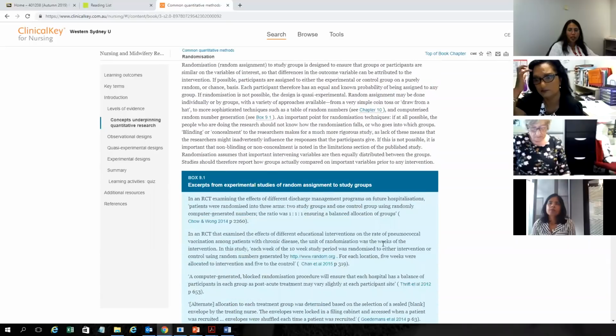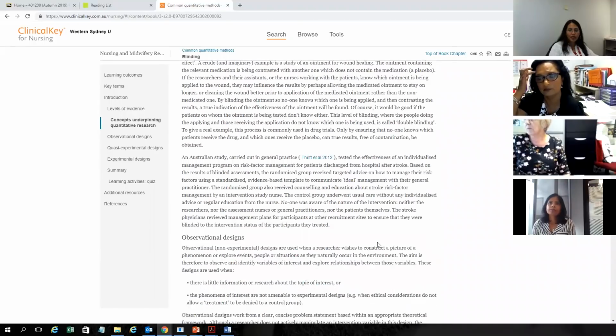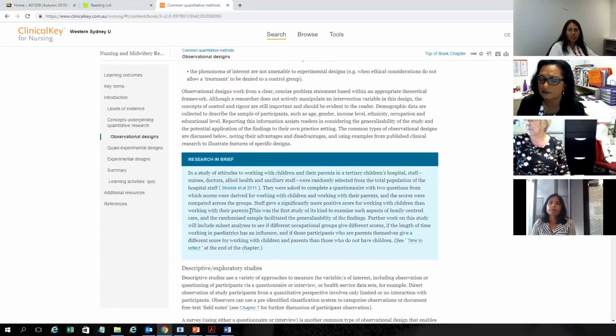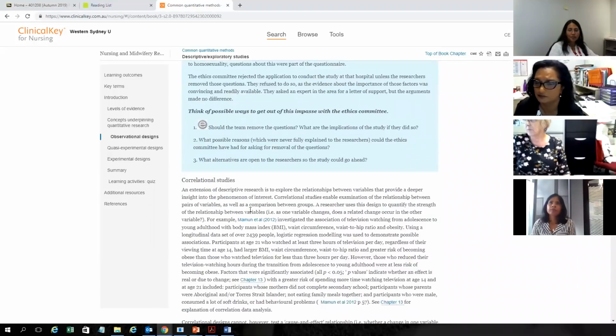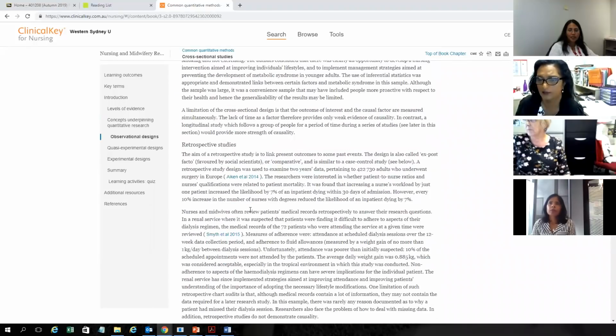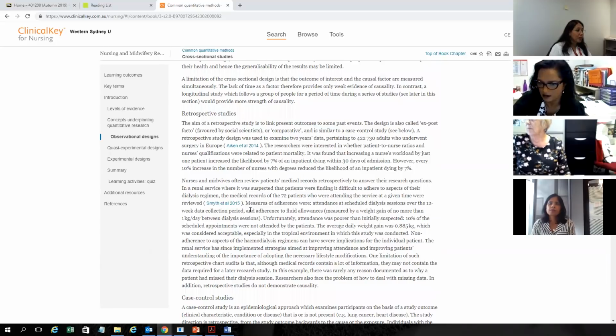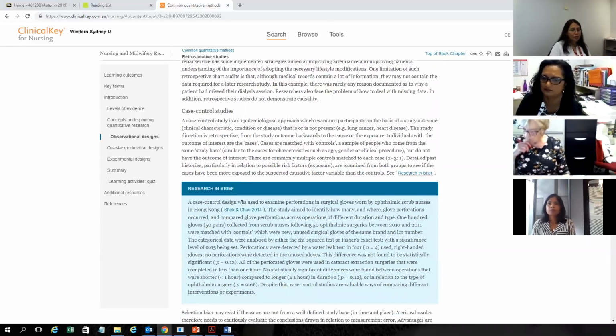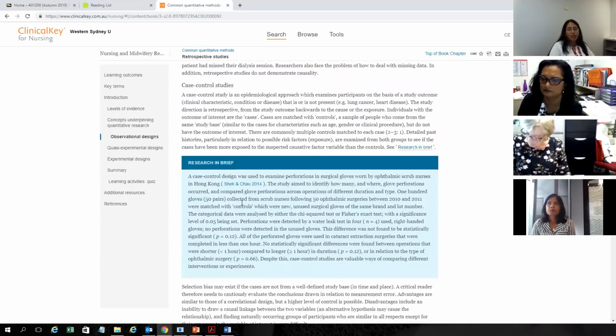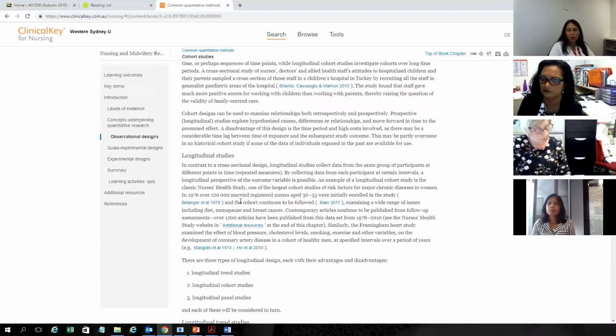So I'm scrolling right down. So observational designs. You will need to read through and identify. So you have to read this and then look at your article and try to work out what design is used. Sometimes they use the word experimental or quasi-experimental or whatever.